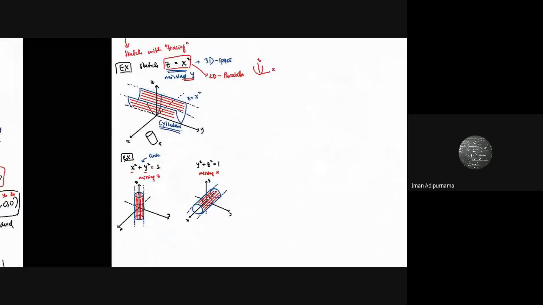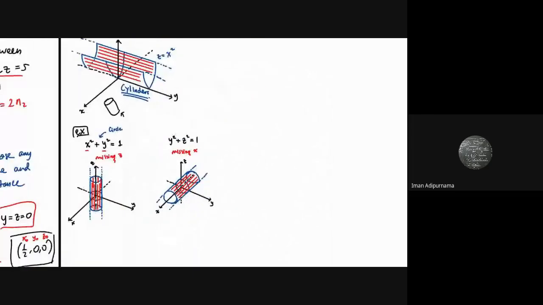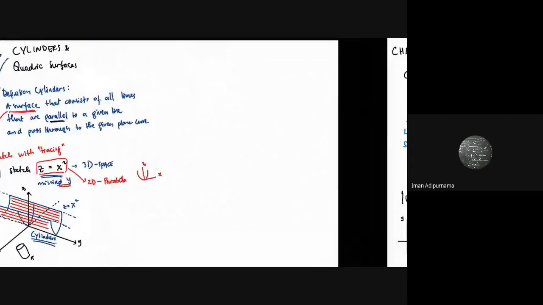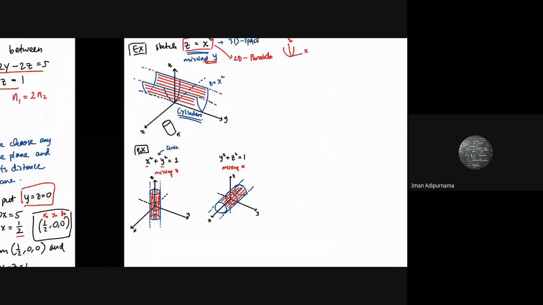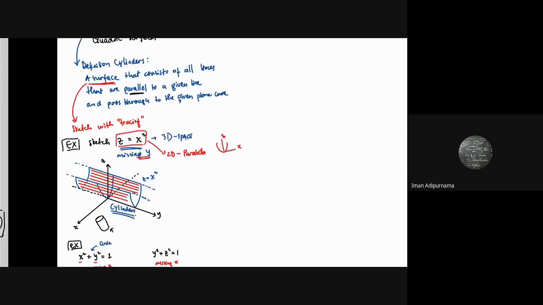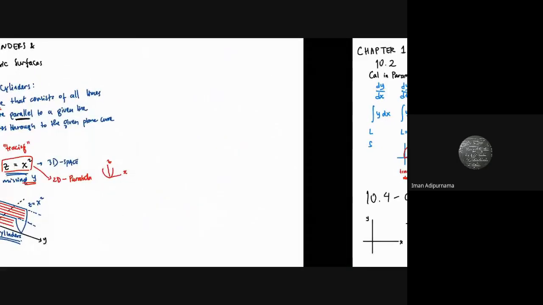So that's the first part of 12.6, the cylinders. I hope you can follow the concept and the idea. Most likely, 12.6 is about sketching the curve, and the curve behavior and properties.